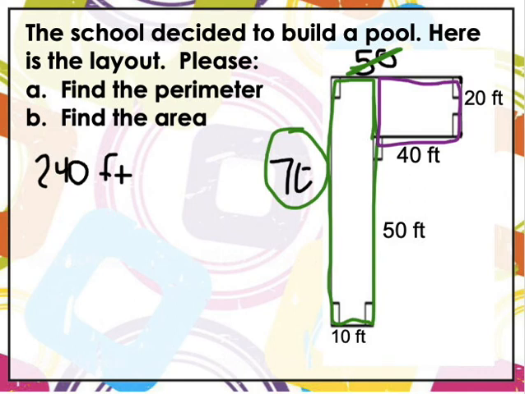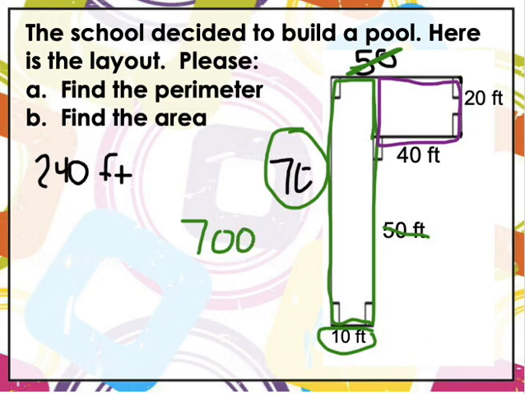My 10 represents all the way across, which I want, so I'm going to use the 10. This 50 represents from the bottom to my jutter. It doesn't go all the way up, so I'm not going to use my 50. So I'm going to multiply 70 times 10. I know that 7 times 10 is 700, because 7 times 10 is 70, and add a 0.